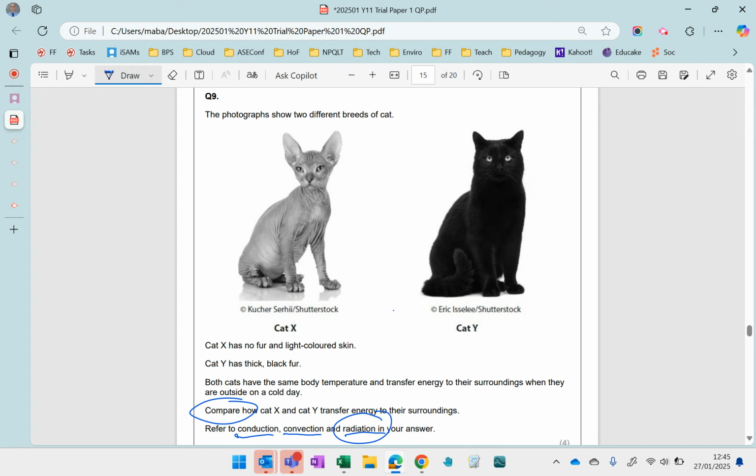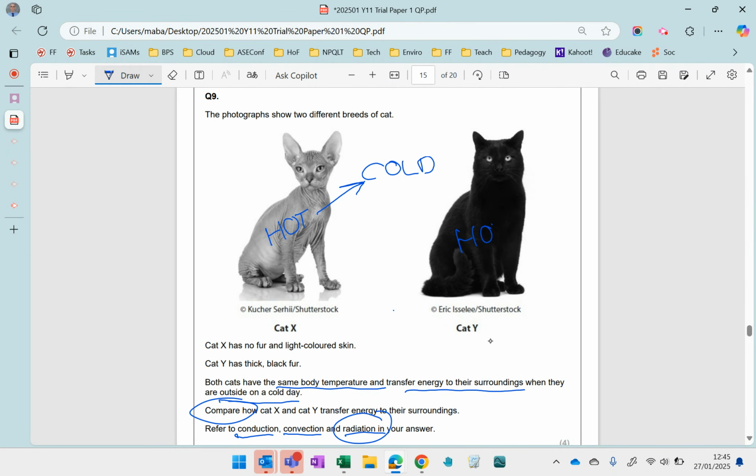So it's telling you they've got the same body temperature and they're transferring energy to their surroundings when they're outside on a cold day. So outside is cold, which means inside their body is hot. So that's the direction of heat flow.